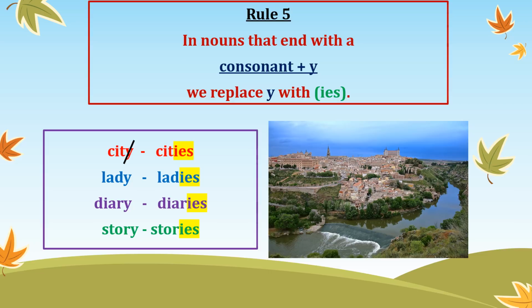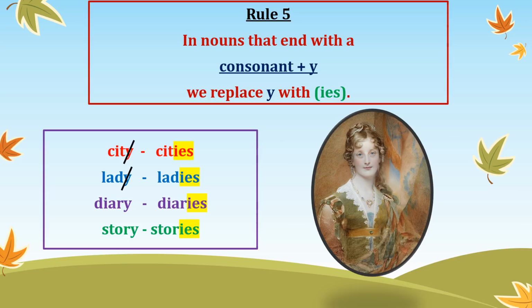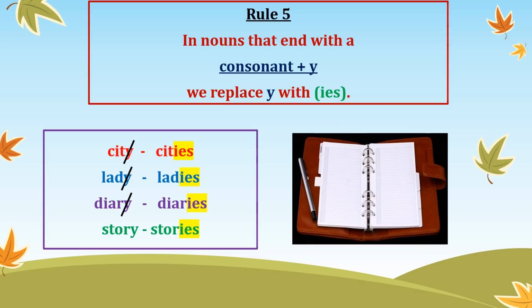Similarly, the next one, lady. Lady word is ending with a Y. And just before Y, you have D. That's a consonant. So cut Y and write IES. Same as with diary. Y. Just before Y, you have R in the end. So cut Y and write IES. Last one, story.